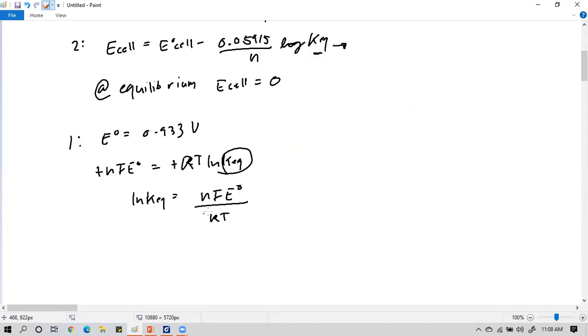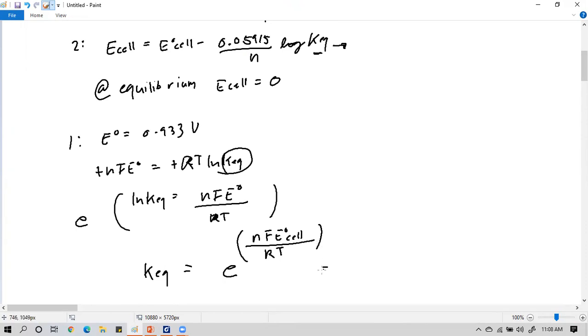T natin dito, it is always 25 degrees Celsius. And how does that isolate the ln? e is the exponent. So, na-isolate na natin na KEQ equals e raised to nFE naught cell all over RT.